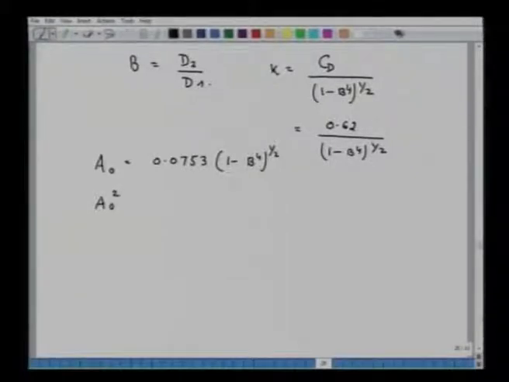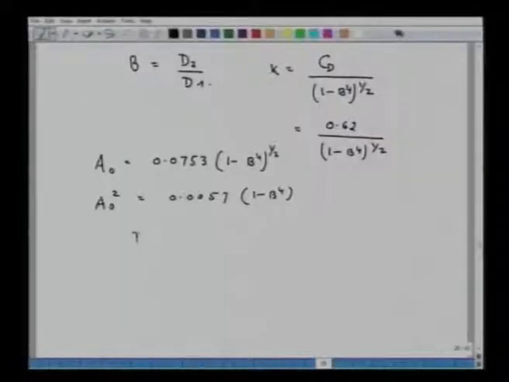A0 square will be equal to 0.0057 upon 1 minus B4. Now I can put A0 equal to pi by 4 D0 square, a simple expression. So D0 will be equal to 0.299 meter. D0 or D2, whatever you want to call, is equal to 0.299 meter or approximately 0.3 meter.